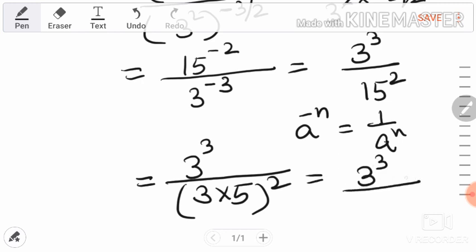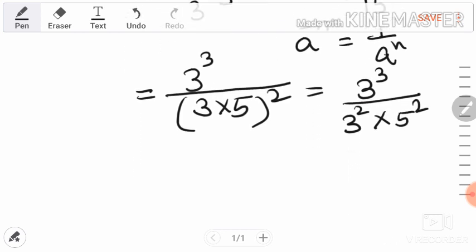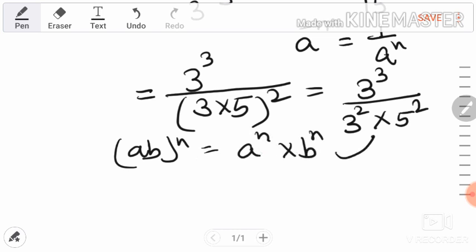This can be written as 3 to the power 3 divided by 3 square into 5 square. Which law did we use here? (ab)^n is equal to a^n into b^n. Now simplifying further, look at these two numbers.